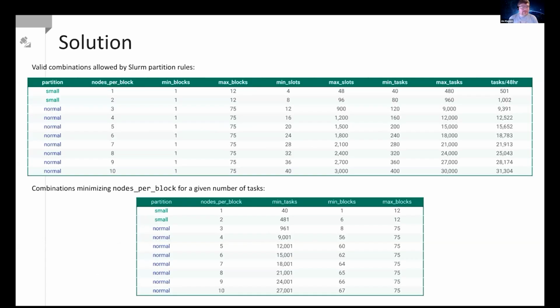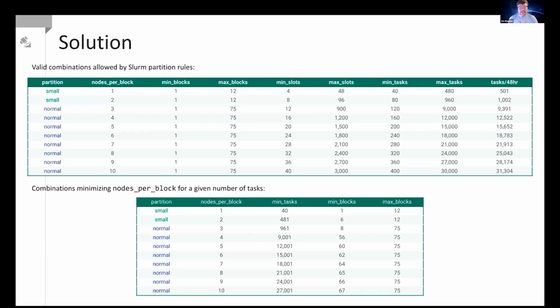This is what it looks like looking at the combination of what's allowed from the Slurm queues. And the point here is that there's a minimum and maximum number of tasks that fit in and will maintain that efficiency.